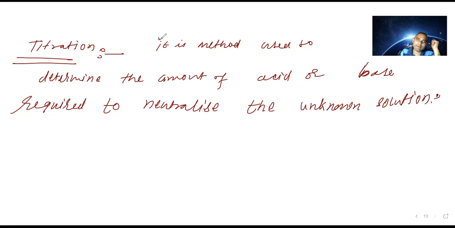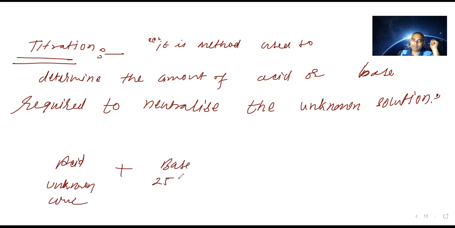Suppose some acid is there, and the acid is of unknown concentration. So how much base is required? Suppose you have 25 ml of base, and it is 1 molar. 1 molar means 1 mole per liter.